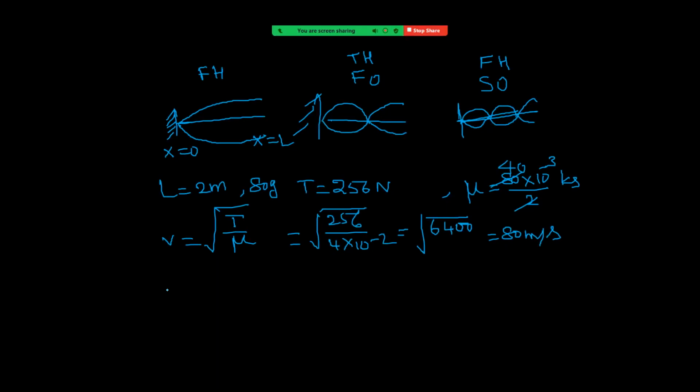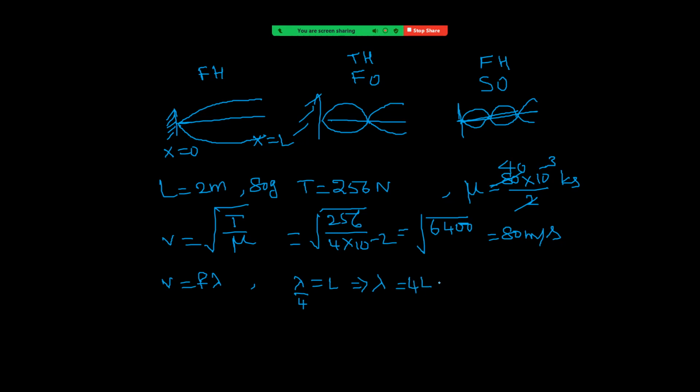So now we have to calculate the frequencies of the fundamental and first two overtones. V equal to F into lambda. In the first case, what is the lambda value? Already we have discussed that in the first harmonic, lambda by 4 equal to L. From that, lambda equal to 4L.